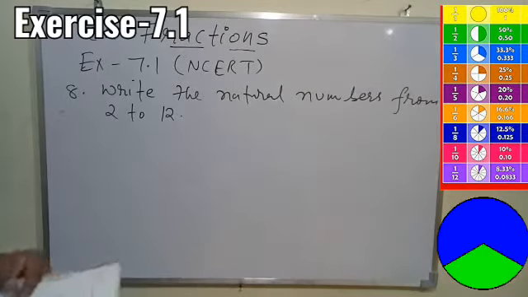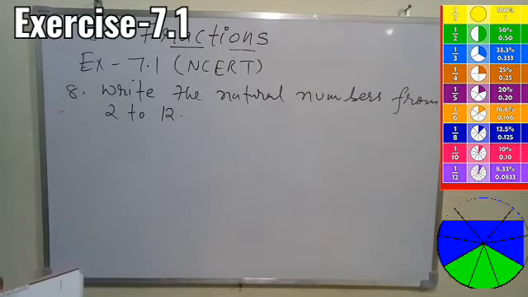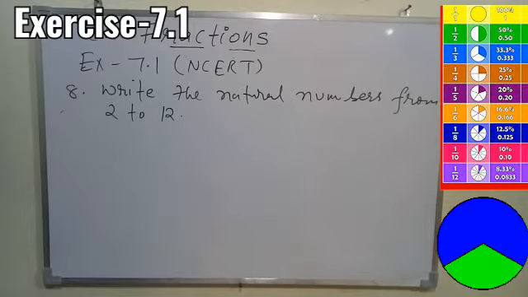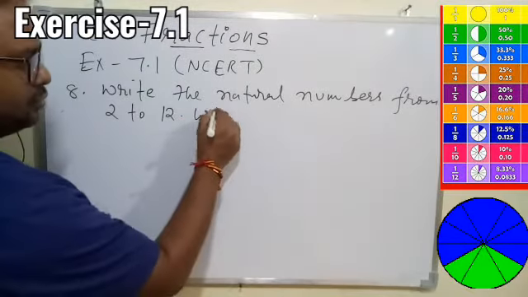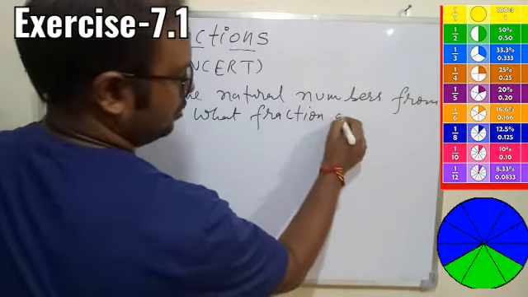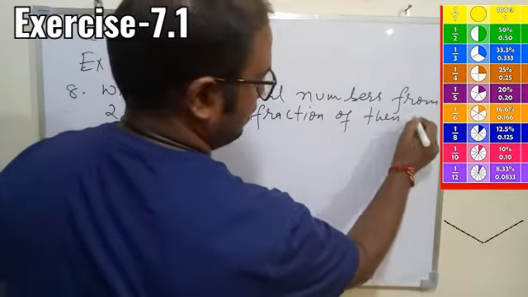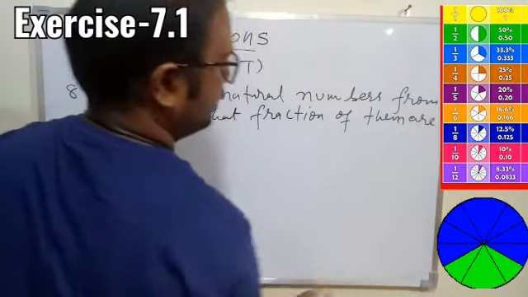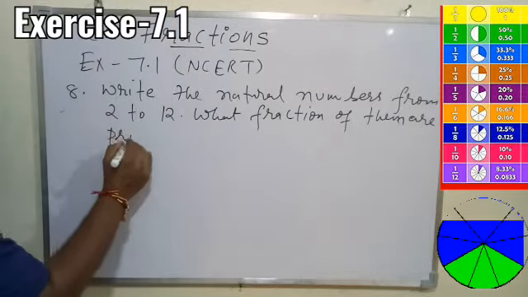This is the first thing given to you. And then the question is, what fraction of them are prime numbers?